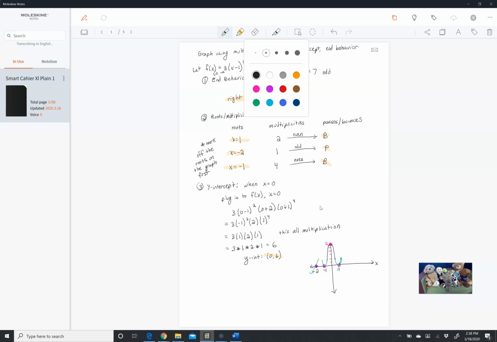So what we can do is plug in a -1/2 and get some idea as to how high this is going to be. And this is actually going to be pretty low if we plug in a -1/2. It should be a relatively low turning point because -1/2 minus 1 is -2.5 squared, which is positive, times a 3.